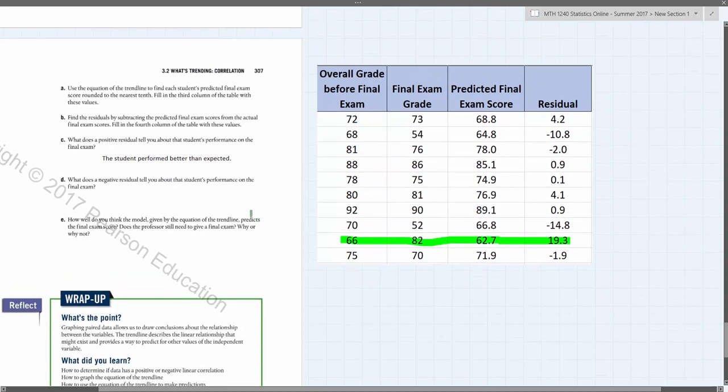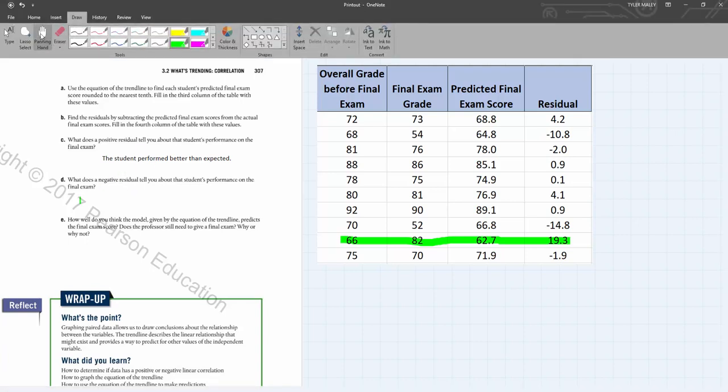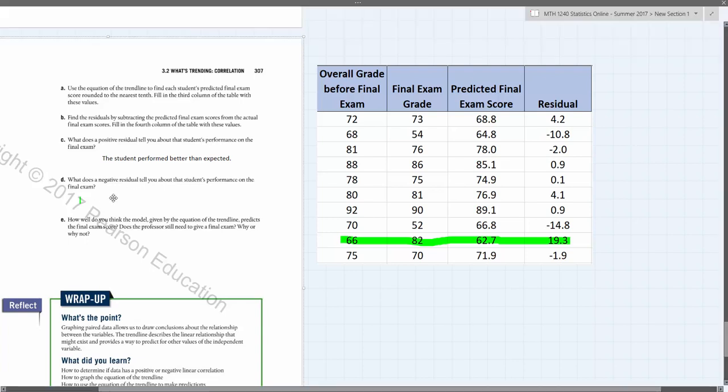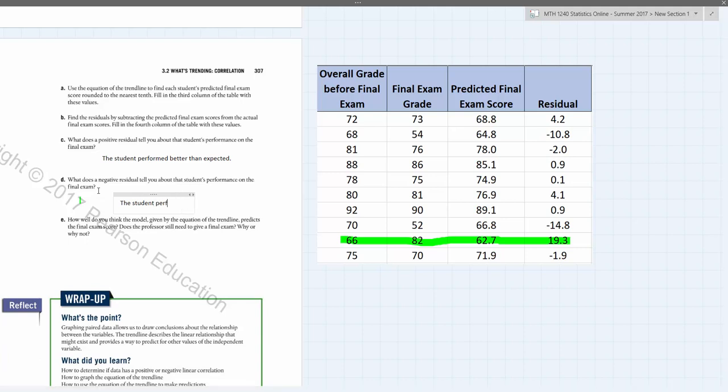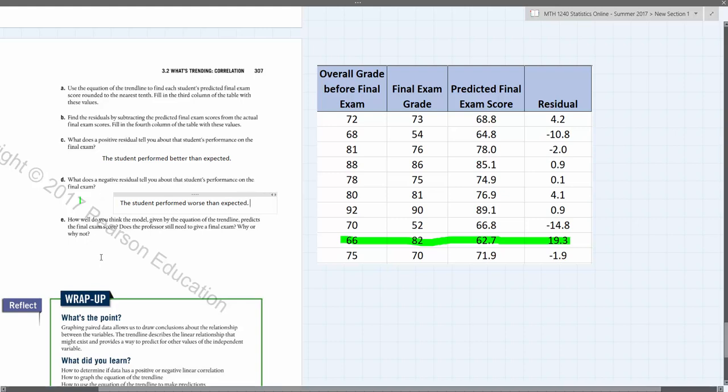Part D says, what does a negative residual tell you about the student's performance on the final exam? It would be similar, but the opposite. It would tell us that the student performed worse than expected, putting it in context.